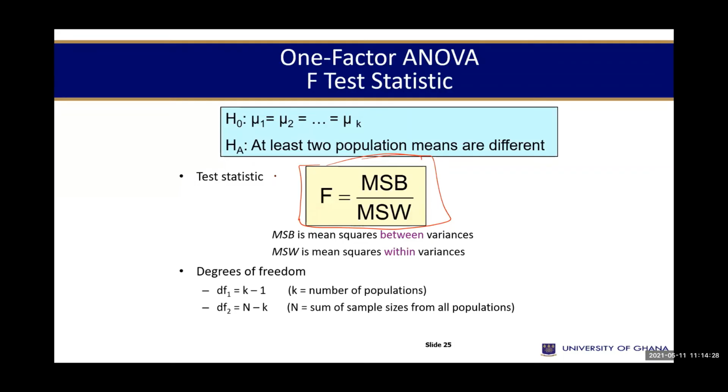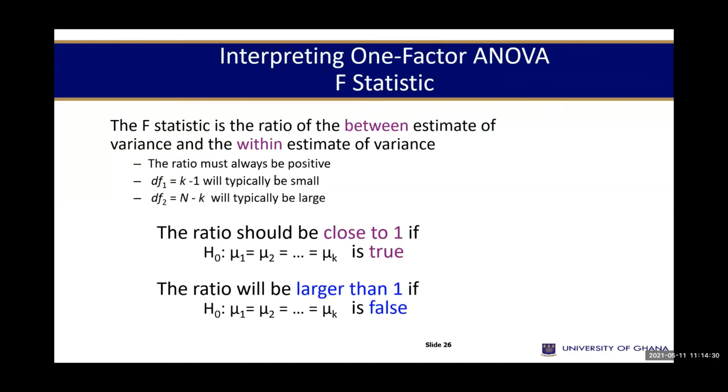Then the F statistic is the ratio of the between estimate of variance and within estimate of the variance. Then the ratio must always be positive. Please note that. When we look at the table, you see why it should be positive.